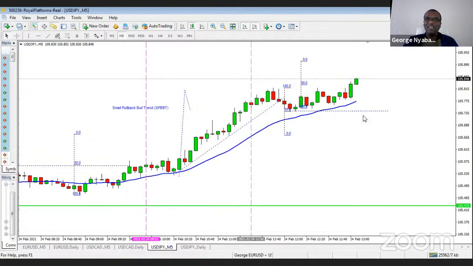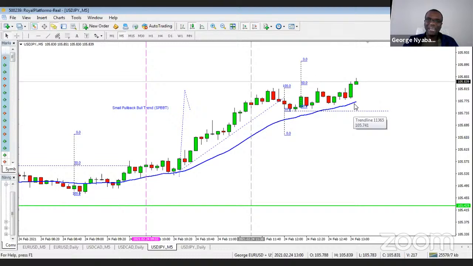If they were strong enough, they would have at least put a candle with its full body beneath the moving average, leaving a gap between the moving average and its high. That's what we would call a moving average gap bar, which would simply indicate that the bears have strength. Doesn't mean that the bears have taken over.